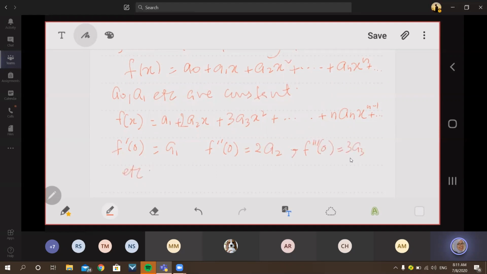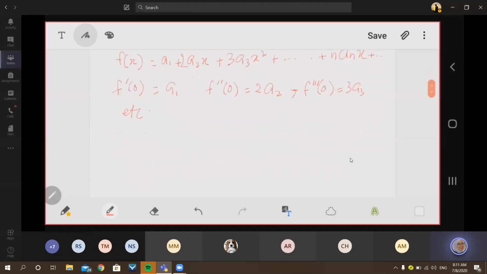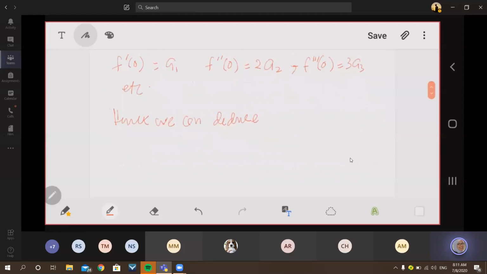Hence we can deduce that after differentiating f of x r times, let's say f to the r of 0, what do you get?